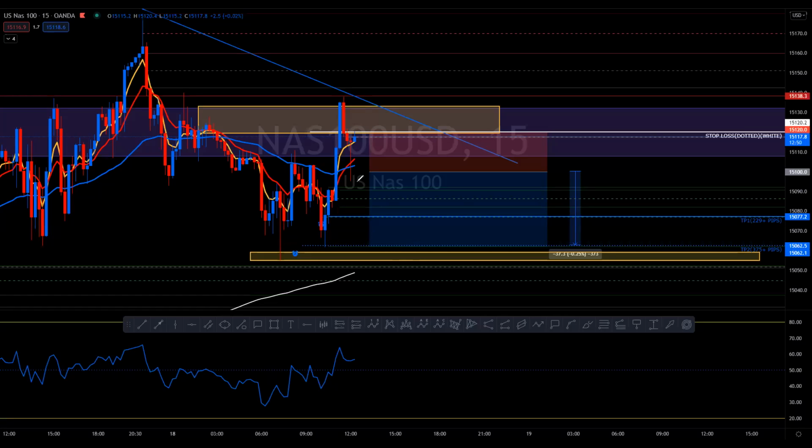Also on another note as well, price could easily come back up and maybe past this line here and maybe try to fill up this imbalance as well. The banks could possibly do that and then make price drop again.